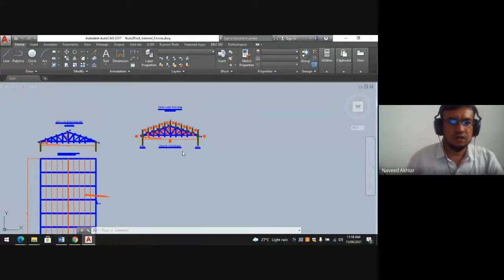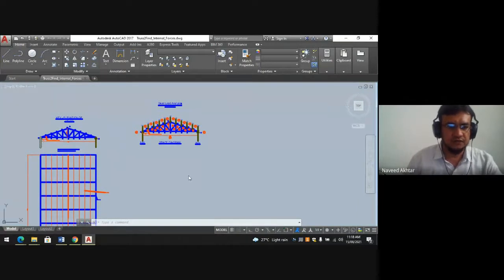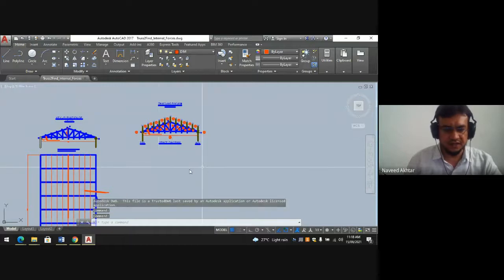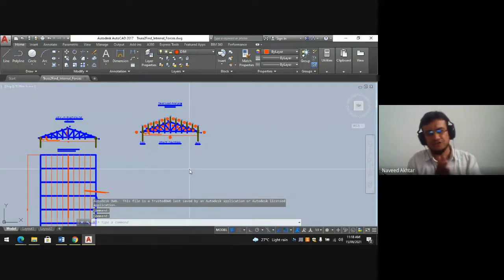Also, we have made the figure for the vector diagram and space diagram to calculate the internal forces of the members.